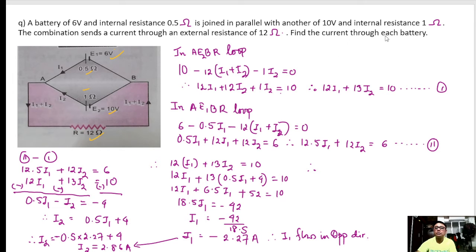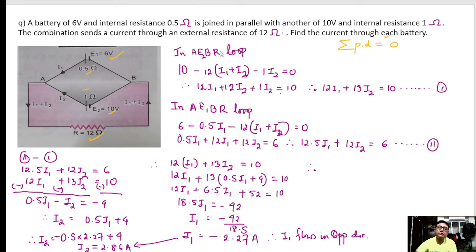Find the current through each battery, how much current each battery is sending. So let us start the sum using Kirchhoff's second law, which says that the sum of the potential differences across a closed circuit should be 0. Using this concept, let us start.